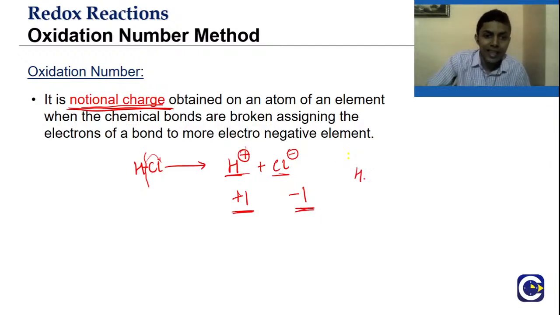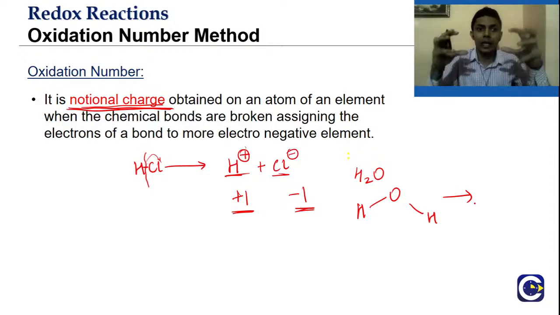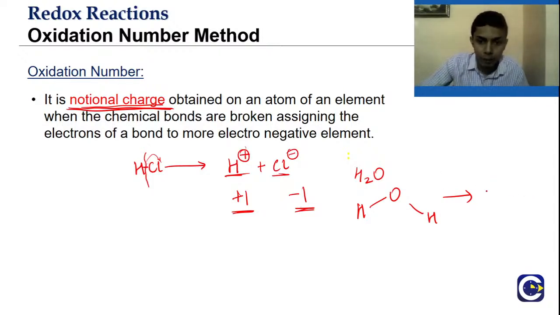Similarly, if I talk about H2O, when I break one bond, what will happen? HO− plus H+, correct? Because oxygen is more electronegative compared to hydrogen, so oxygen will get negative and hydrogen will get positive.